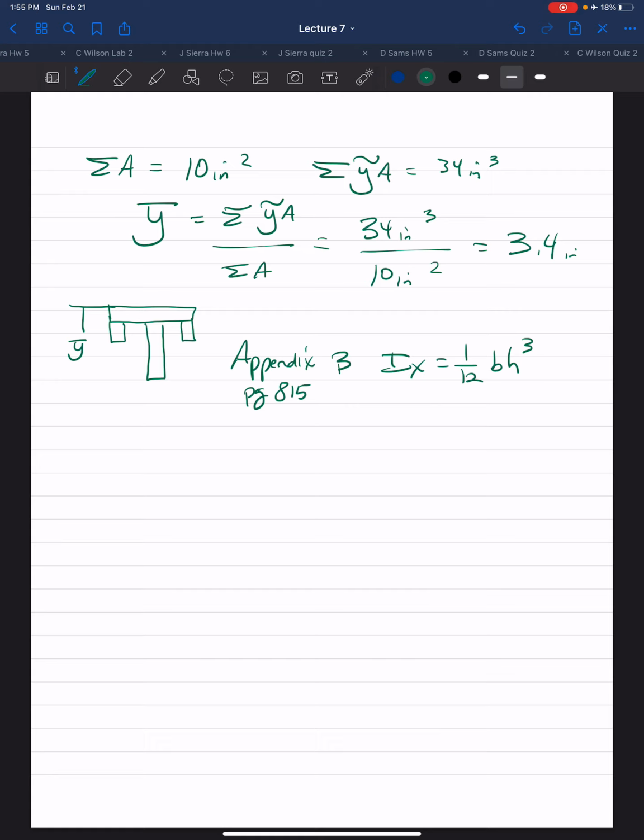So reverting back to our chapter 6 concepts, our parallel axes theorem.